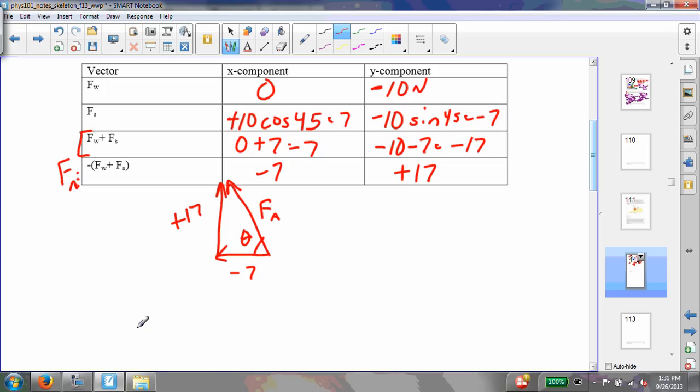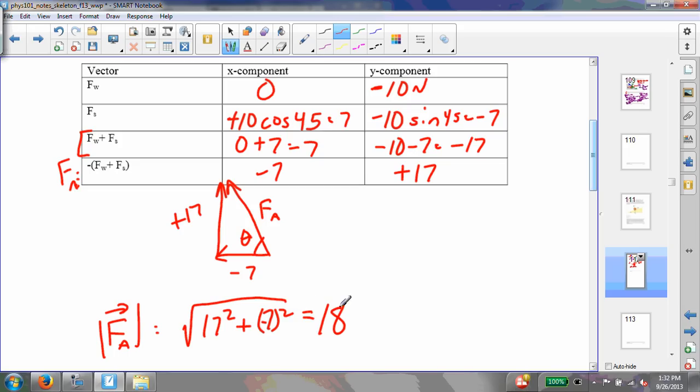I can find this angle theta, and I can find the magnitude. The magnitude of Fa equals the square root of 17 squared plus 7 squared, or negative 7 squared if you like, but the negative goes away. And that's equal to, let's see, I think it's 18. Yeah, 18 newtons.